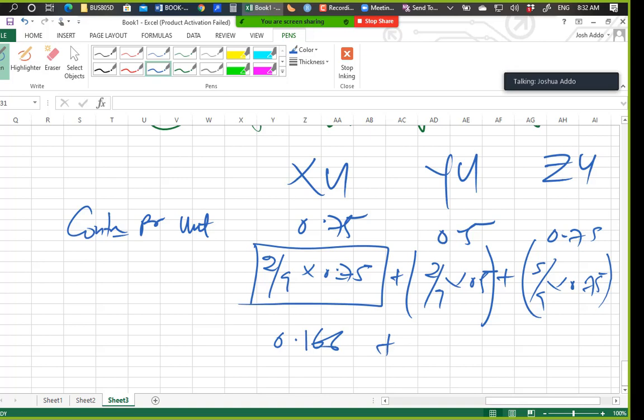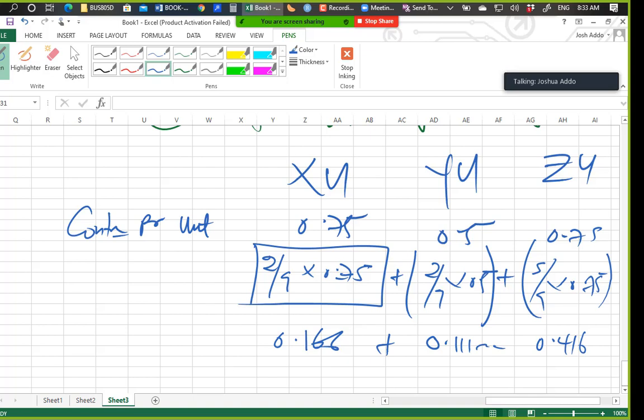Plus 2 over 9 times 0.5, which is 0.1111. And this one, 5 over 9 times 0.75, is 0.416667.